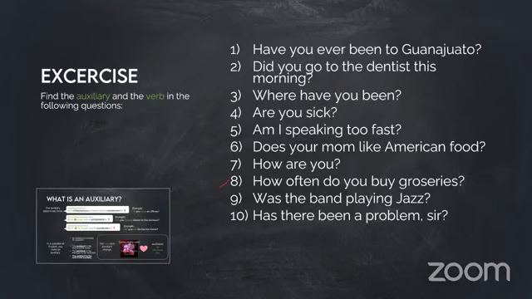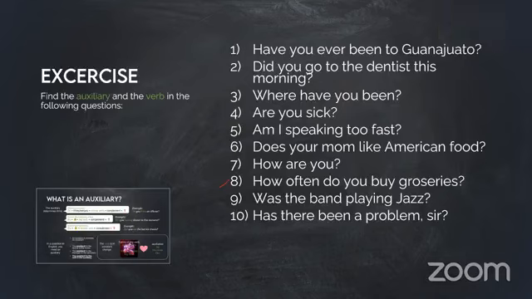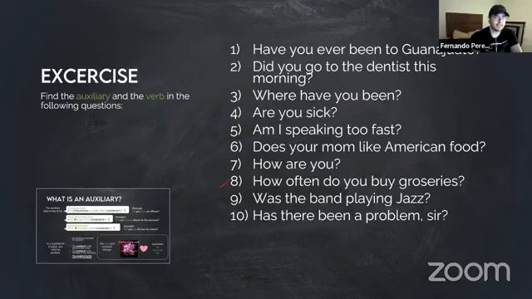The verb is ever. Incorrect. The verb is been. Yes, very good. The verb is always the action. This is something that's going to help you understand.